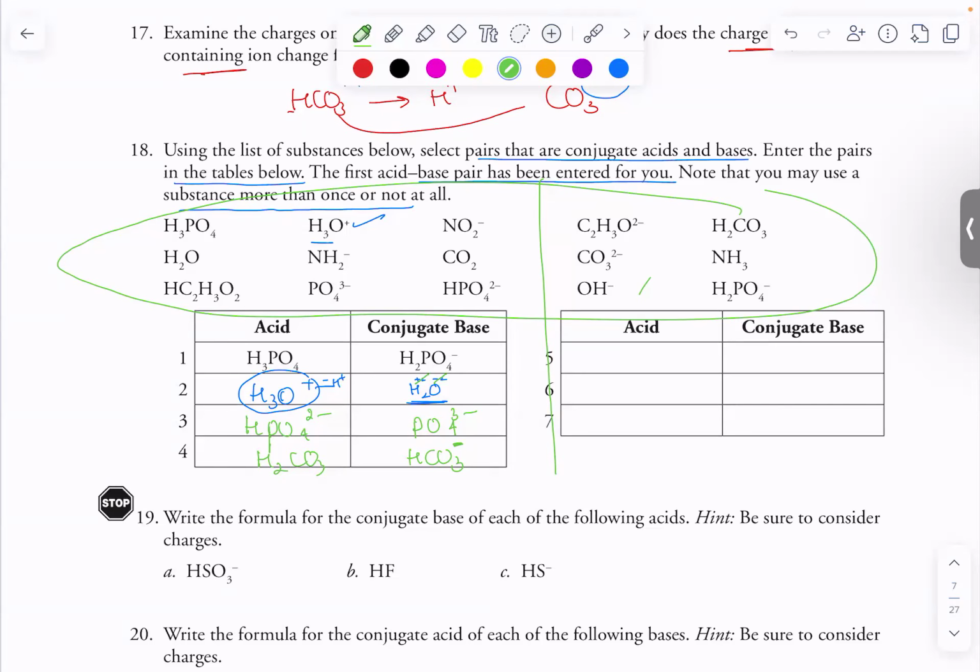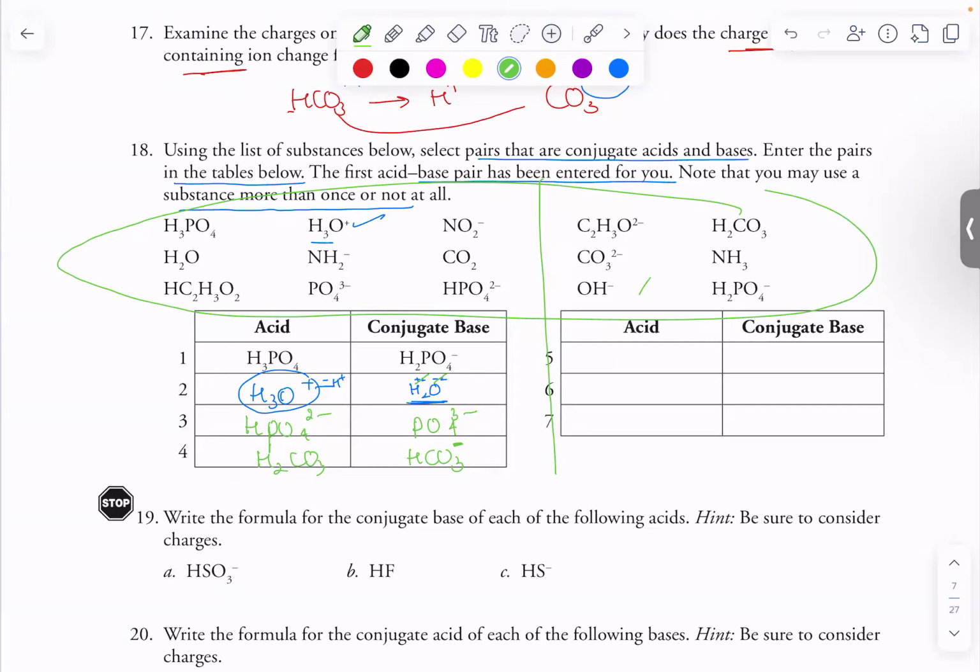CO3 2 minus is in the fourth column, but its acid is not given in the list. Not all of them will be used. Okay, I see.